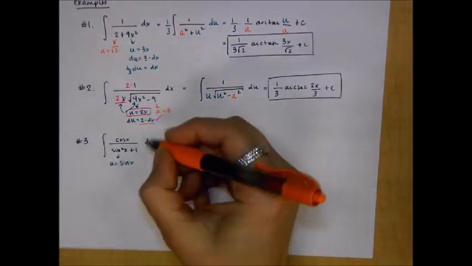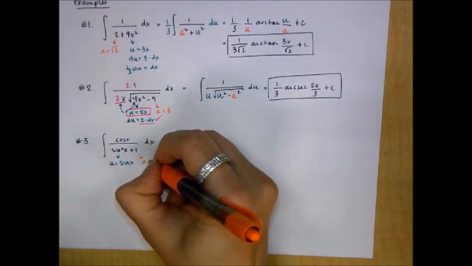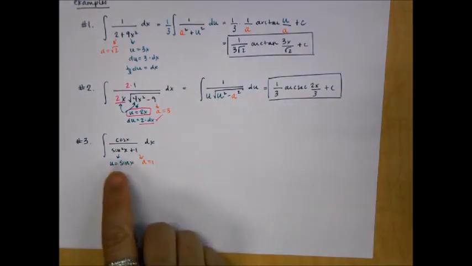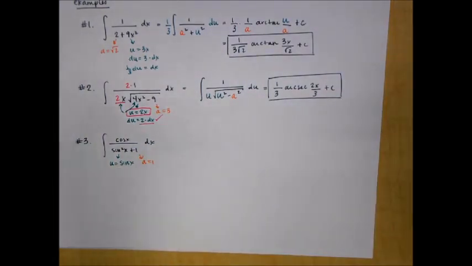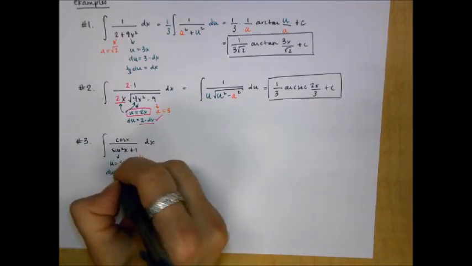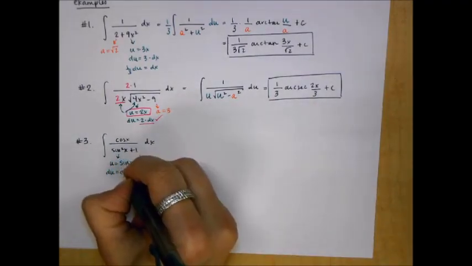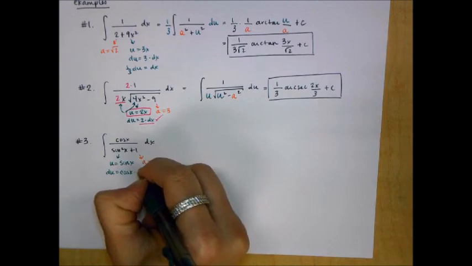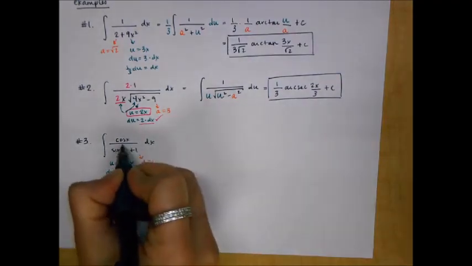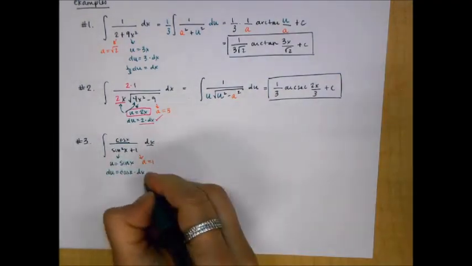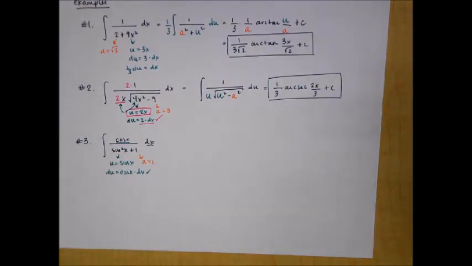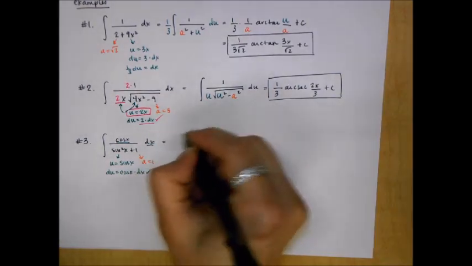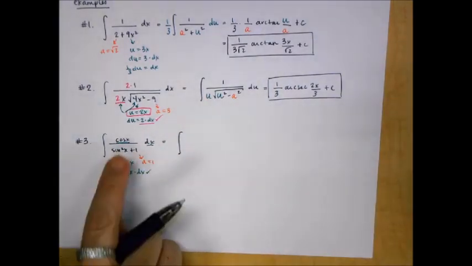So that's always nice. So remember, whatever your u substitution is, you want to find the derivative. Derivative of sine is cosine, and then we'll multiply by dx. That matches exactly with what we have here, and we're ready to do our substitution. So cosine dx is replaced with 1 du.